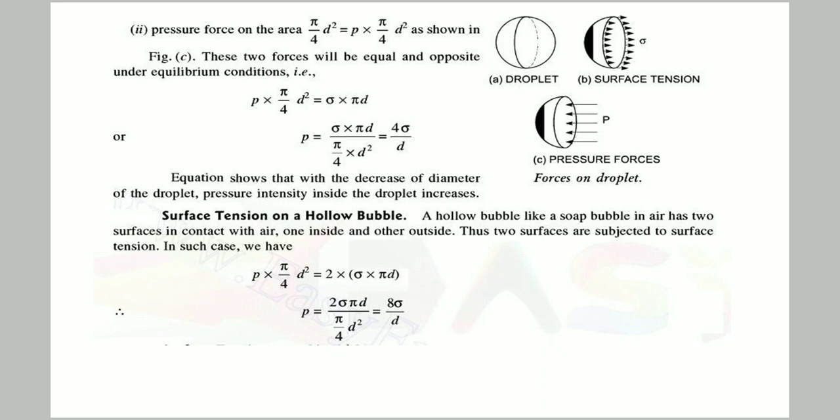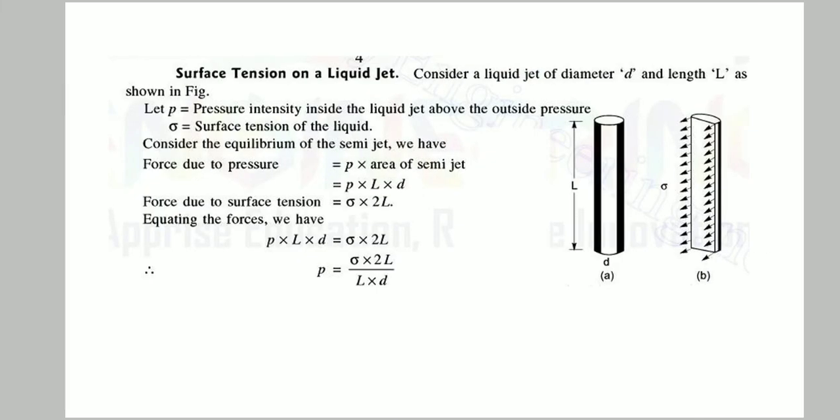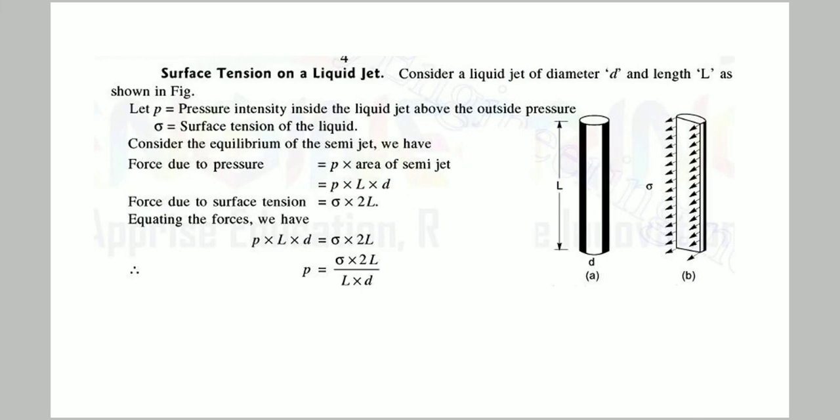So the pressure force is the same, while the surface tension is twice, since it acts on two sides. For a hollow bubble, it's twice sigma pi d, and the resultant pressure intensity we get is 8 sigma by d.